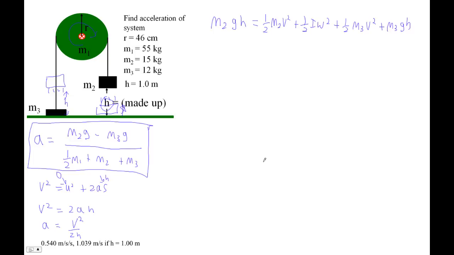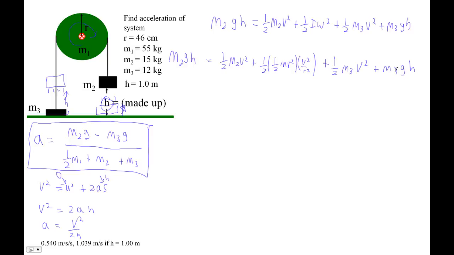And now we're going to do the standard substitution. So m2gh is equal to 1/2 m2v squared plus 1/2 mr squared, and then instead of omega squared, we'll put v squared over r squared, plus 1/2 m3v squared plus m3gh. And then I'm going to do 2 steps at once.